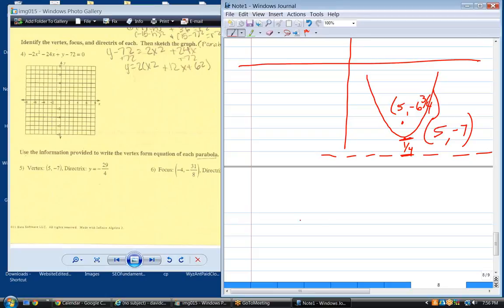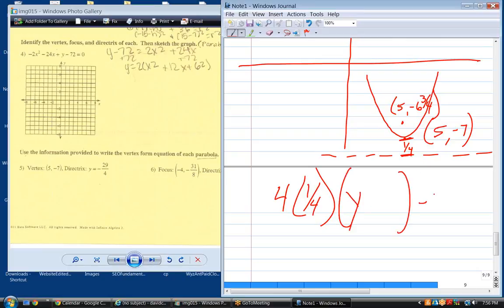Okay, so now we're ready to write the equation. So 4 times A is 1/4. So that would be 4 times 1/4 times y. What's the rest of it?